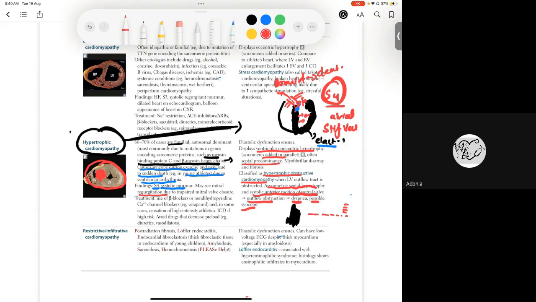Less blood is going to reach the brain, which is going to lead to syncope. And along with that, we have stenosis, so blood can also back up in the pulmonary system, which can in the end lead to dyspnea and pulmonary edema, we know that.